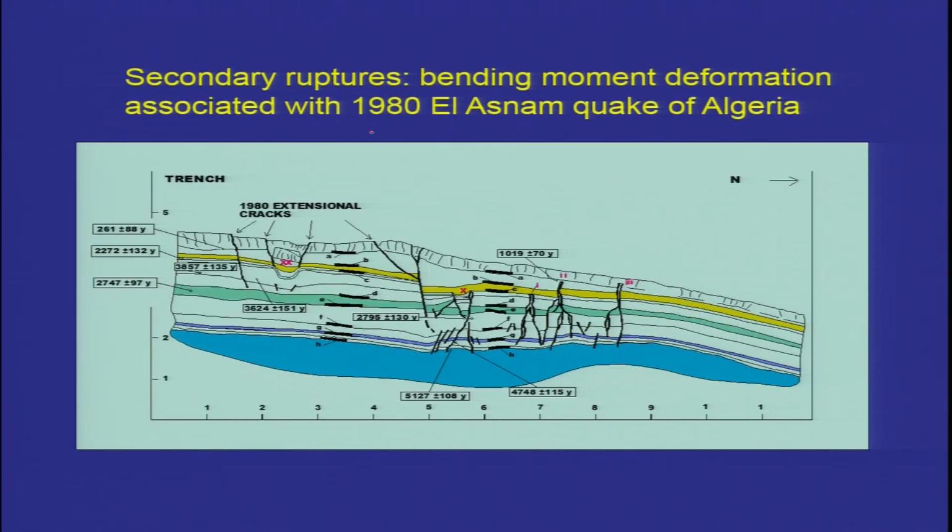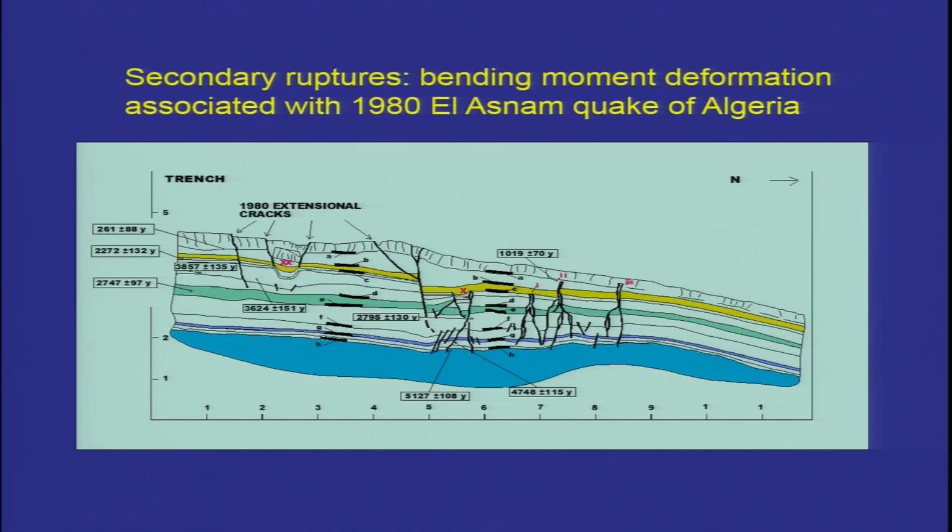This is an example of a trench which was excavated after the 1980 El Asnam earthquake in Algeria, which shows the topography developed on the surface because of the faulting or deformation, but the fault did not reach right up to the surface.